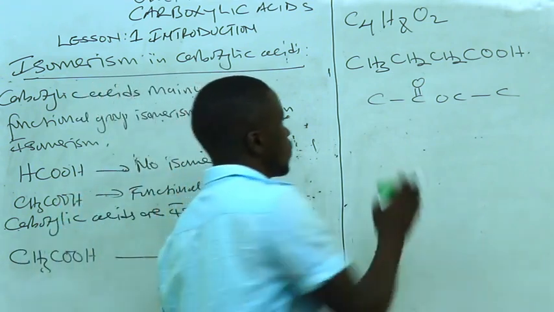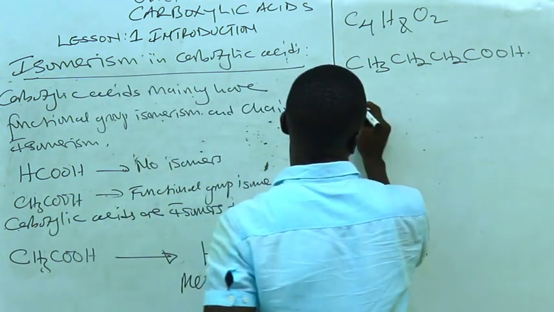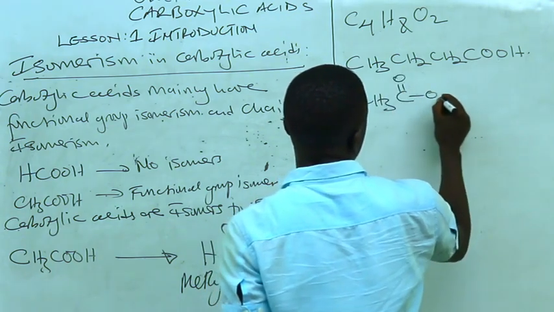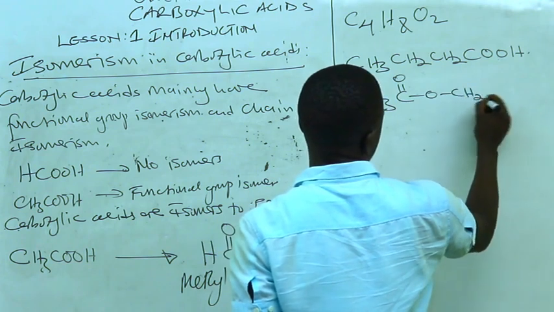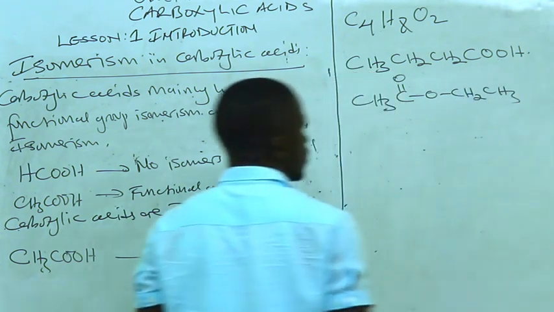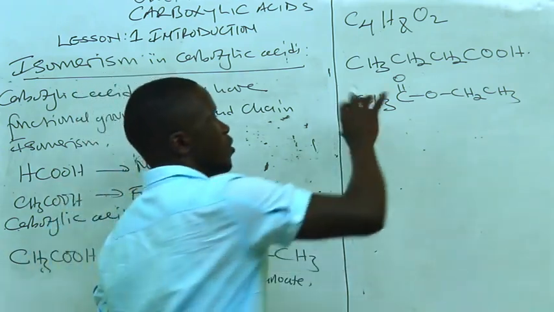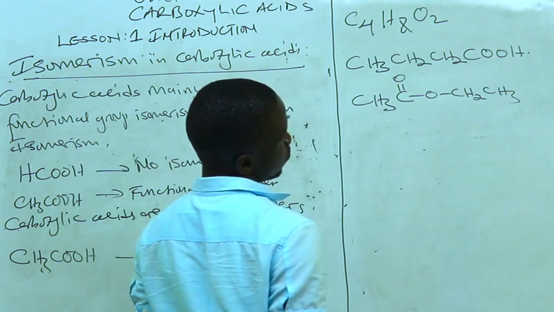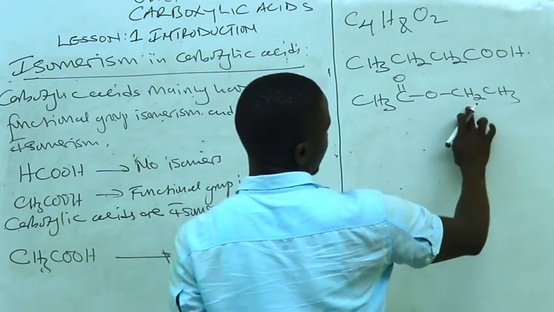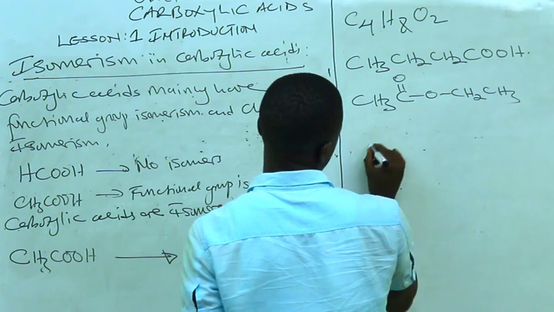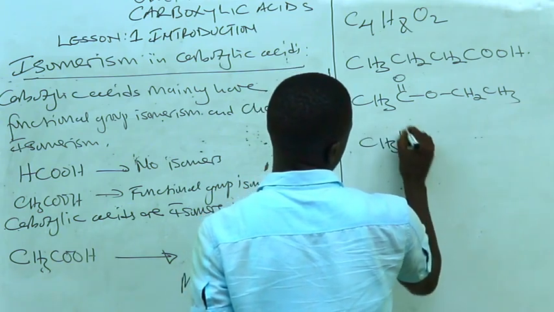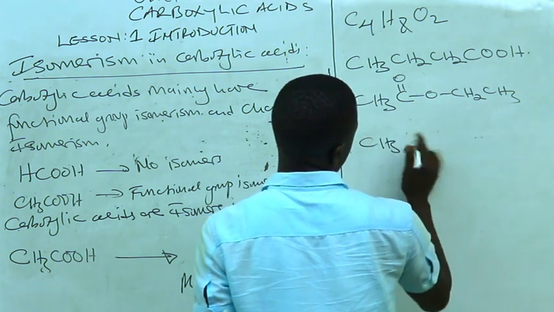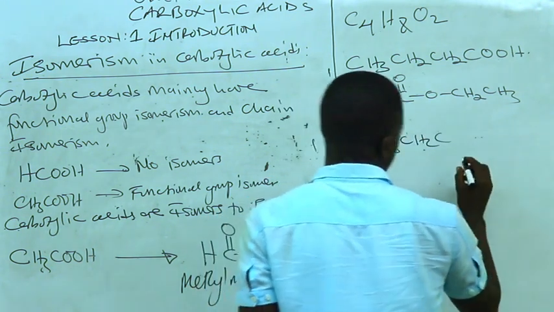And so the structure of the ester would be CH3C within the carbon chain, CH2, CH3. That's an ester. We can even put it on another carbon atom. If we put it on this one, it will be the same. We can put it maybe on the last. You can have CH3C or CH3CH2C.